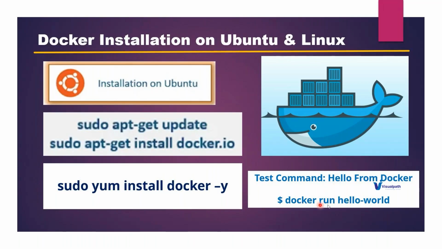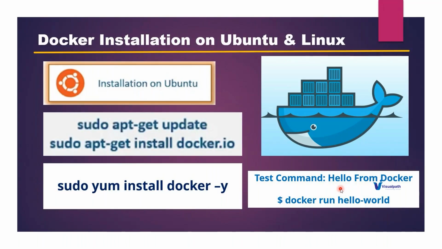When I run this command, docker run hello-world, basically this is an image. The container started from this image is programmed in such a way that it will display the hello message, right? If you get the hello from Docker, that means your installation has gone properly, has no issues, and is successful.